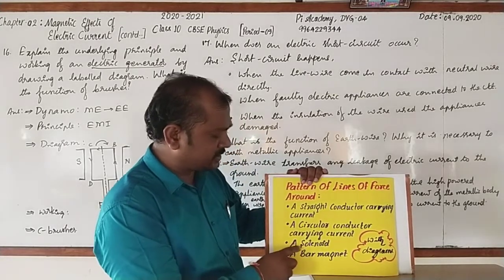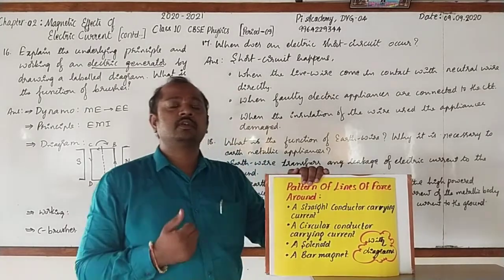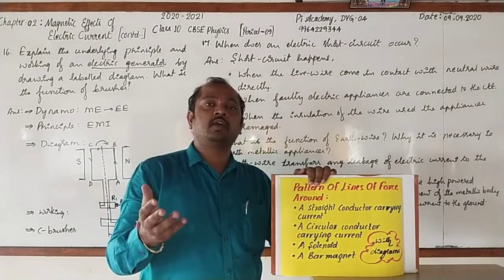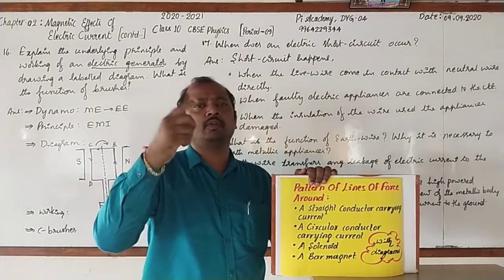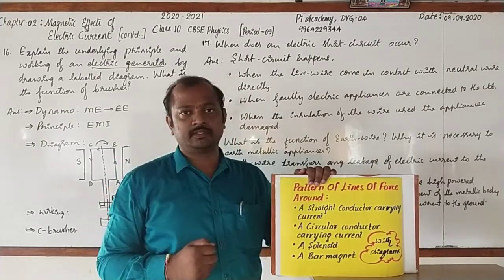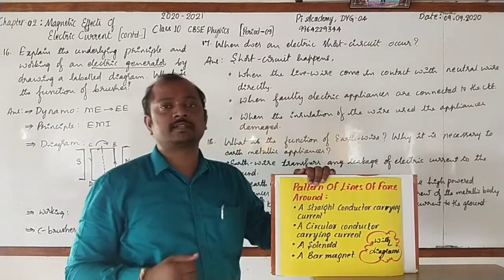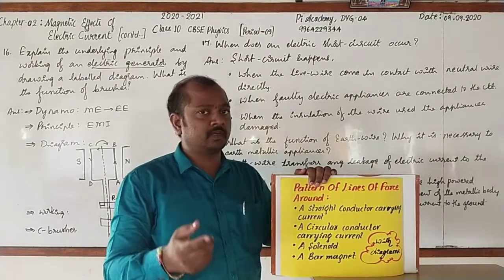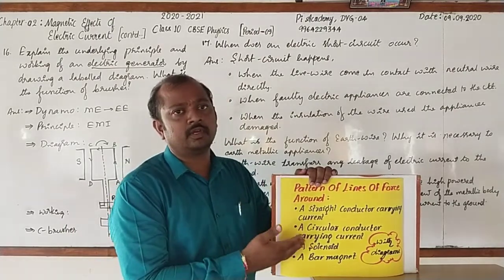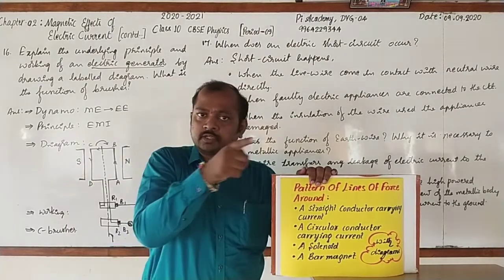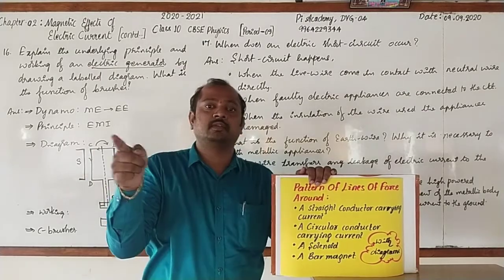Next, the third one is a solenoid. We know that a solenoid is a long coil of insulated copper wire having a large number of turns. When the current flows through that, then again it acts as a magnet. The pattern of lines of force around a solenoid is straight and parallel inside the solenoid.